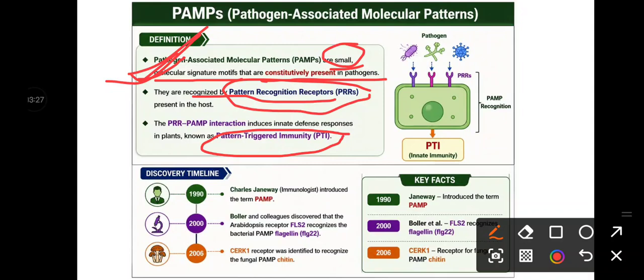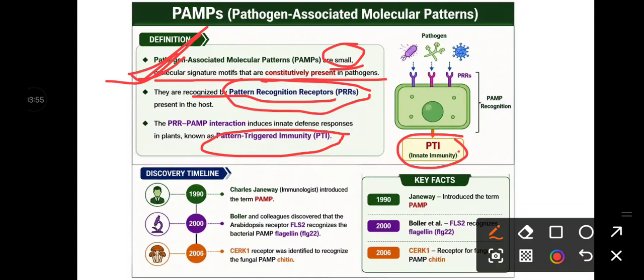Because these PAMPs are a signature pattern of the pathogen. As the immunity is triggered by the PRR by recognizing a particular pattern, it is known as pattern triggered immunity. So this is the basic about the PAMPs. We will discuss in detail in the further slides.